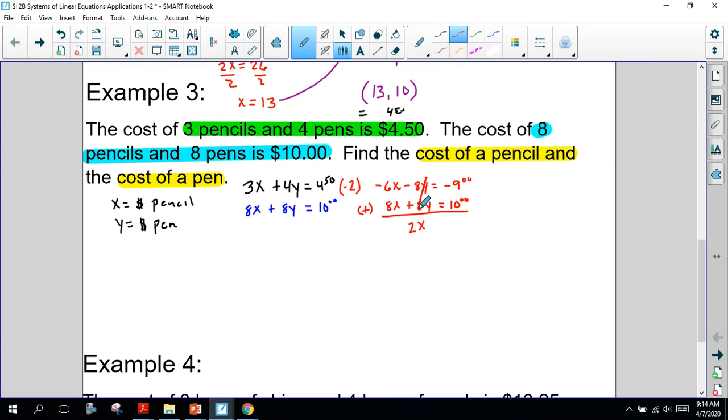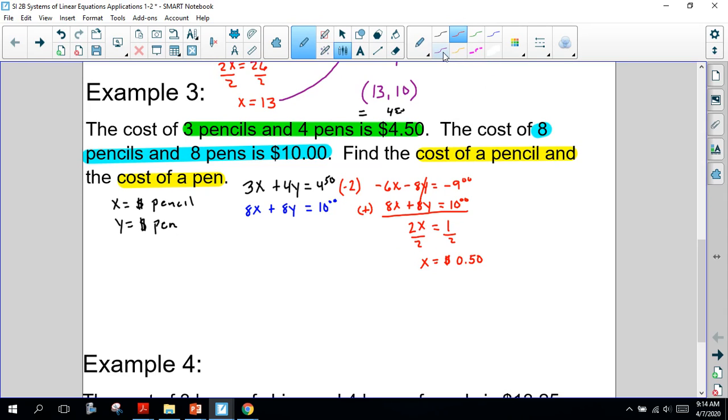The y's eliminate, just what we want, and that is equal to -9 plus 10, which is 1. Divide by 2, and x is equal to 1/2. Since we're talking about money, this would be 50 cents. 1 divided by 2 is 0.5, which is 50 cents.